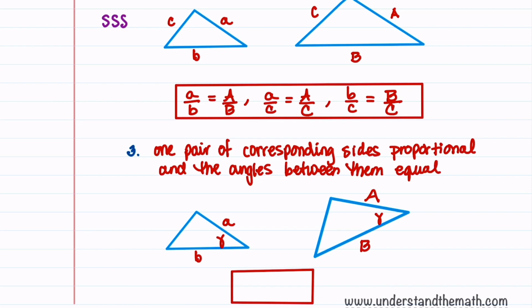You can see in our diagram here of the two triangles that we have one angle that's equal, and that's notated by gamma. And then we can say that the corresponding sides are proportional by saying that a is to little b as big A is to big B.